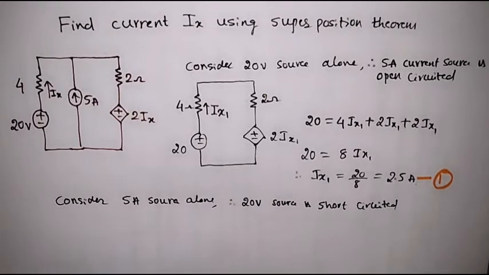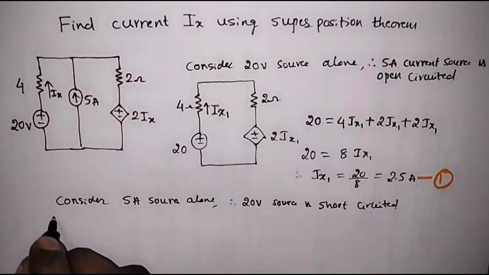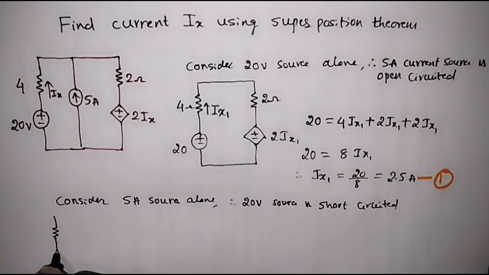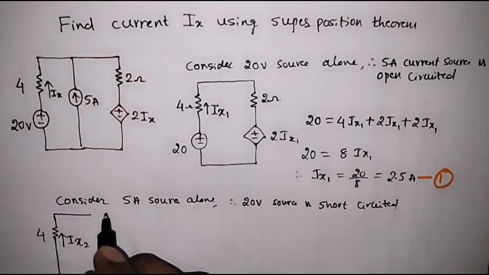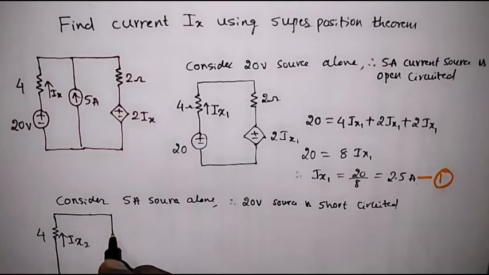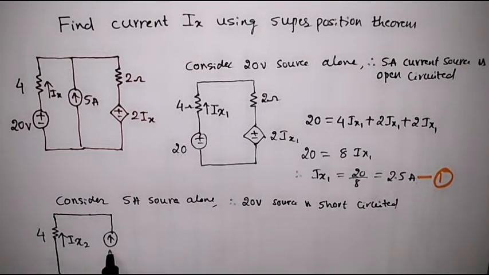Therefore I'll redraw the circuit here. So this 20 volt source is short circuited. This is the 4 ohm resistor. Now I'll assume the current through this 4 ohm resistor is Ix2, the current obtained by considering the other source alone. The 5 amp source I'll connect as it is.